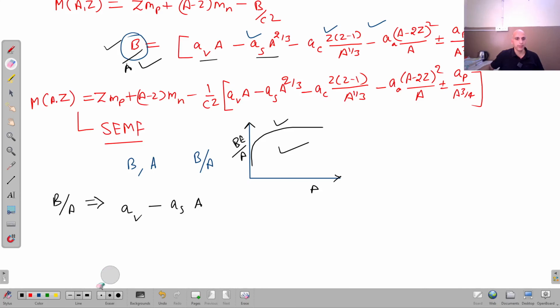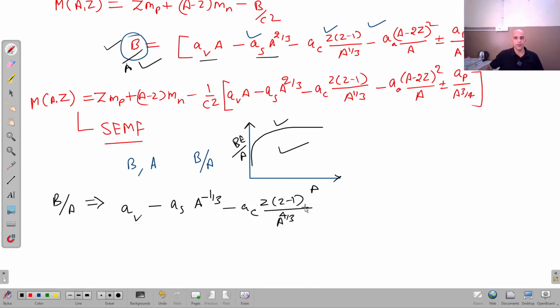Then in the next term, minus a_c Z into (Z minus 1) divided by A power 1 by 3 into A. Into A means 1 plus 1 by 3, 4 by 3. It will become A power 4 by 3, right?